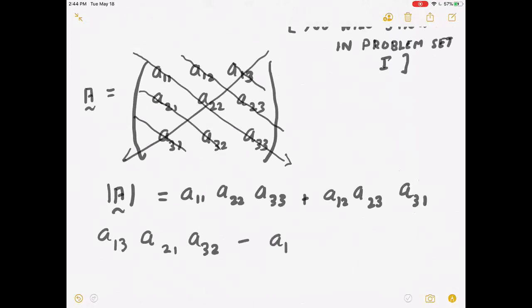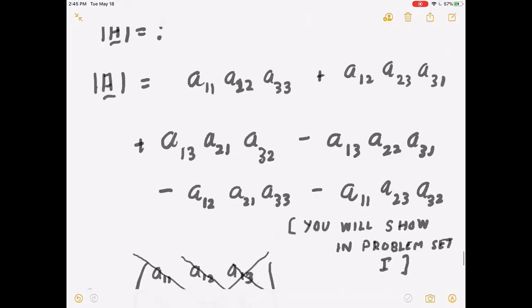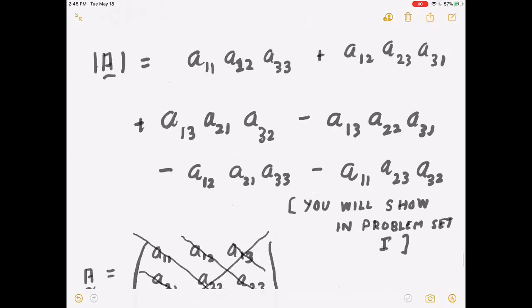Minus a sub 1, 3 times a sub 2, 2 times a sub 3, 1. Minus a sub 1, 2 times a sub 2, 1 times a sub 3, 3. And then finally, a sub 1, 1 times a sub 2, 3 times a sub 3, 2. And I assure you, it's much easier to write down those 6 terms than to try to build or construct them by brute force.